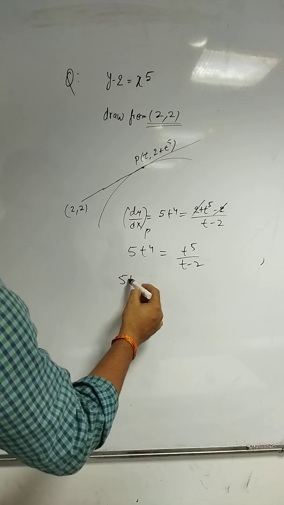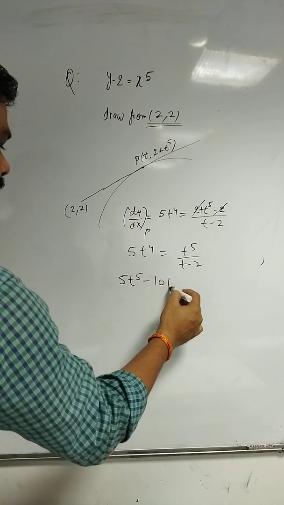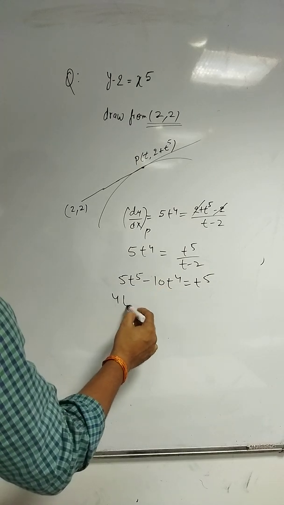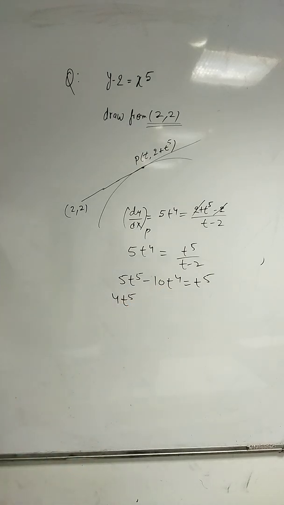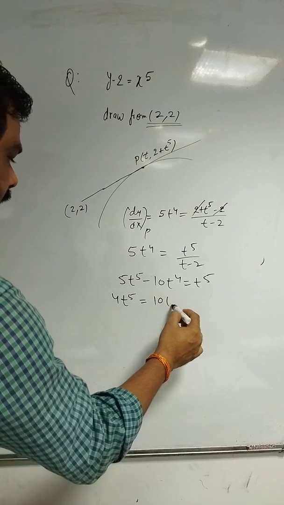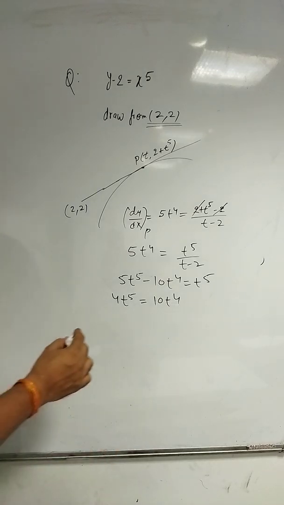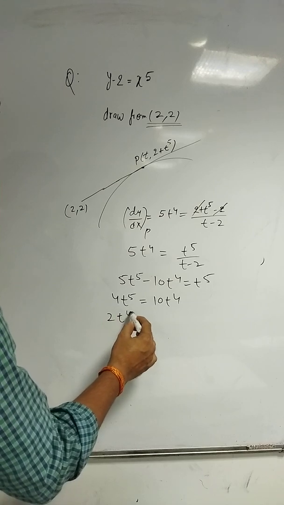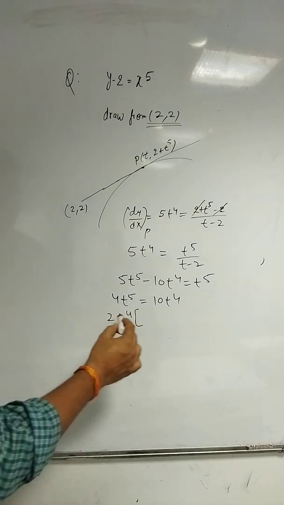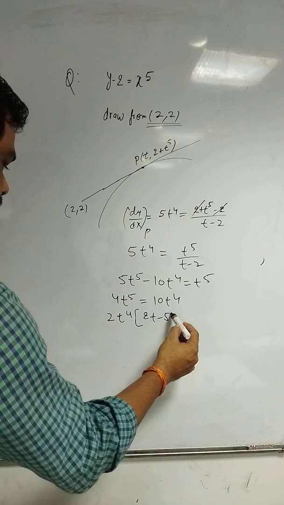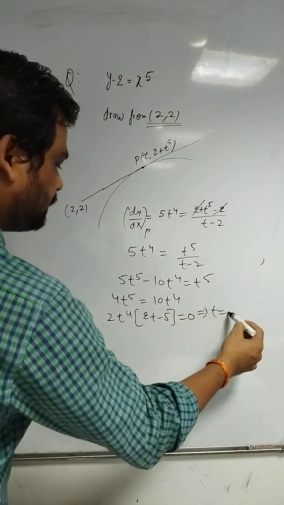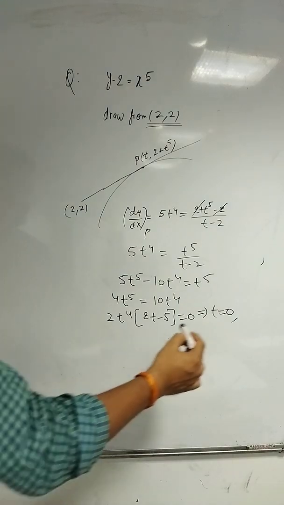This is 5t to the power 5 minus 10t to the power 4 is equal to t to the power 5, and 4t to the power 5 is equal to 10t to the power 4. So finally you can take common 2t to the power 4 and (2t minus 5) is equal to 0. So finally t will come out 0 and 5 by 2.